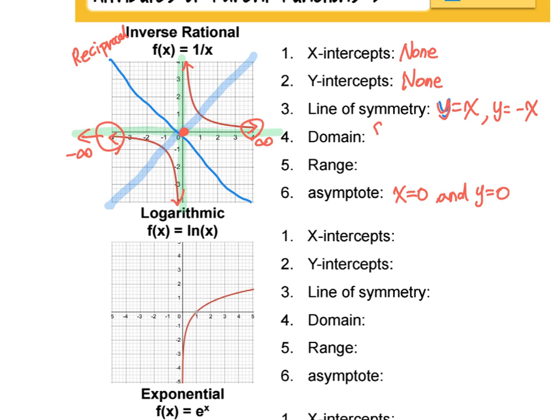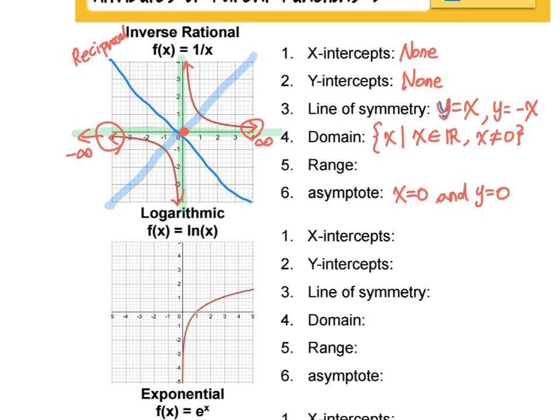So we can write the domain as the set of x such that x is an element of all real numbers, but x is not 0. x cannot be 0.